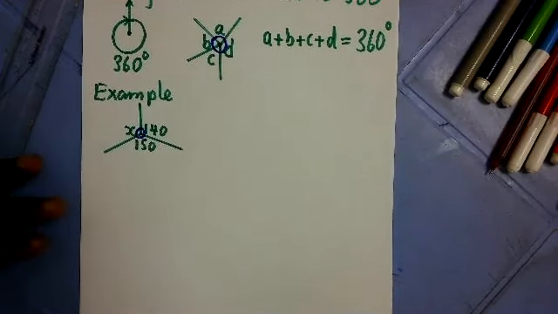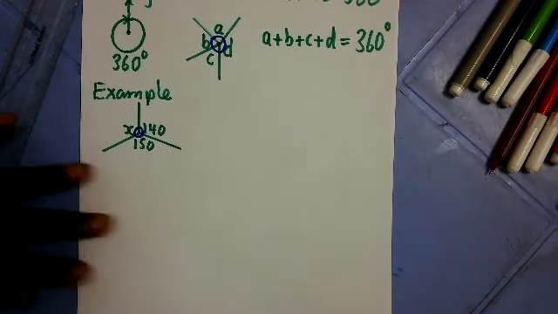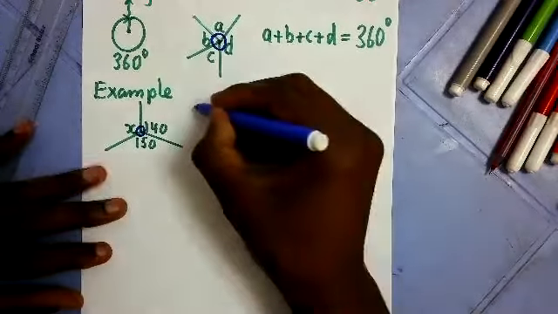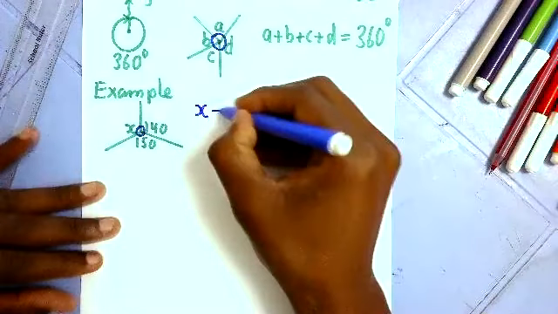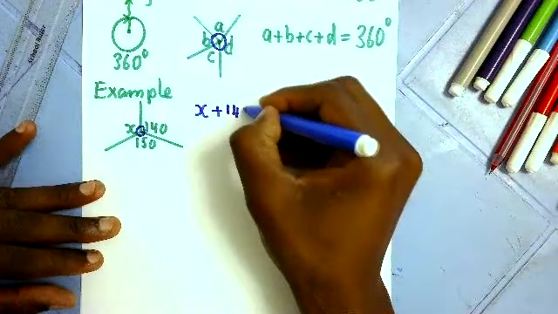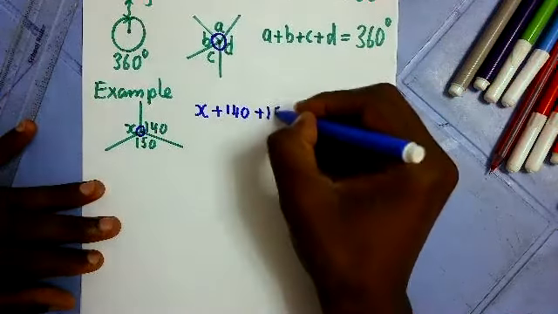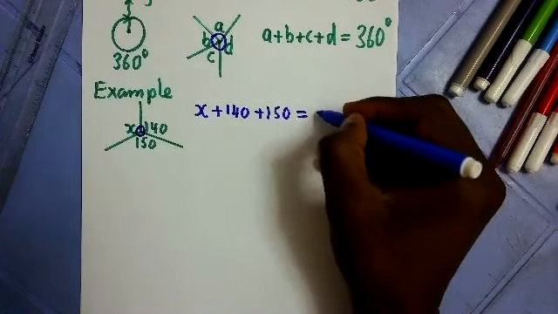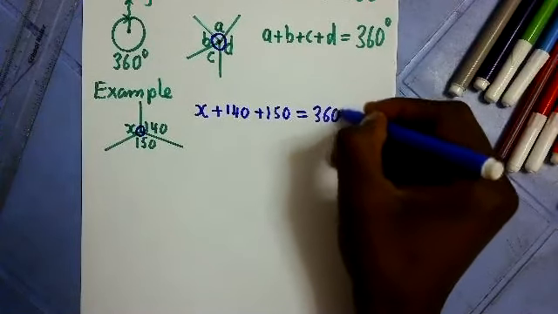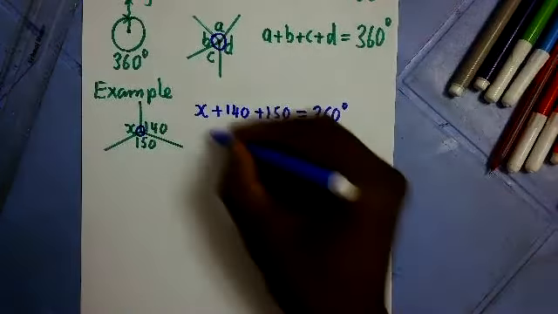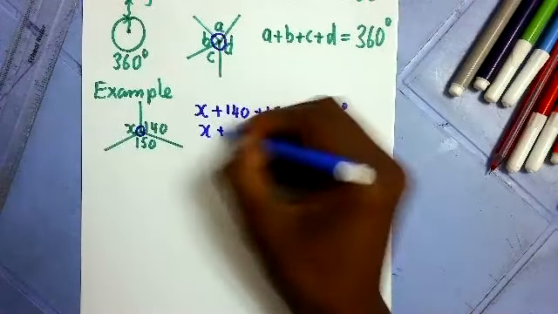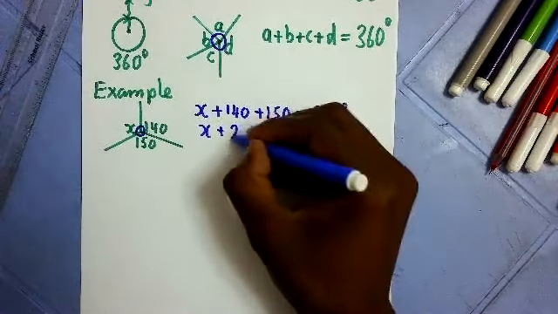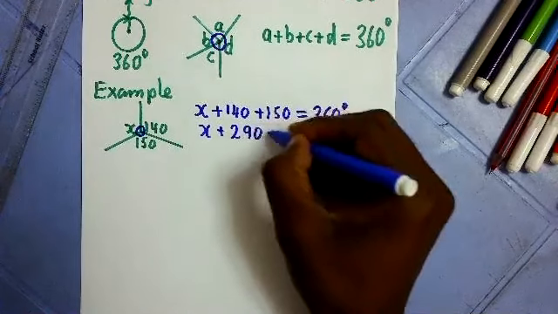So if I have angles at a point, it will tell me X plus 140 plus 150 should always give me 360 degrees. Then I first add these two like terms, and it gives me 290.